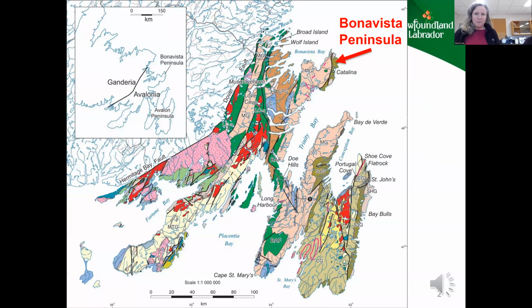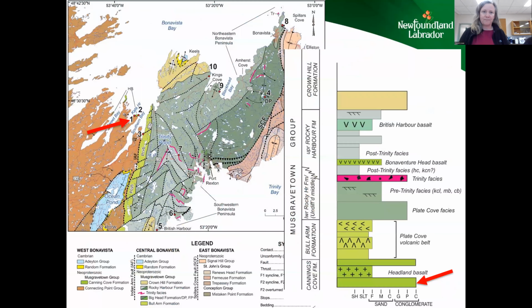So the Bonavista Peninsula is positioned just north and slightly west of the better known Avalon Peninsula, from which Avalonia gets its name. So let's go to Bonavista. Okay, so our focus is on the Musgrave Town Group, and that's a volcano-sedimentary unit that sits above the Flysch-dominated or turbiditic Connecting Point Group shown here in brown.